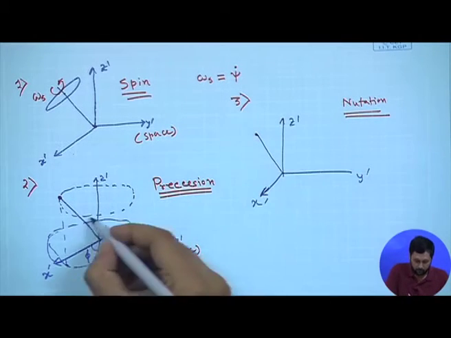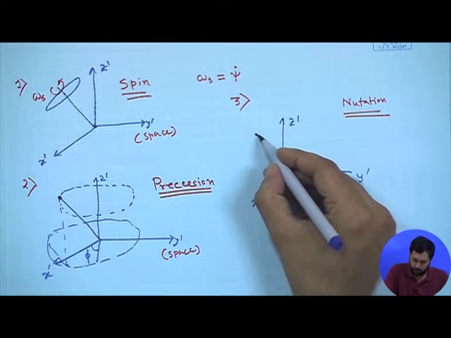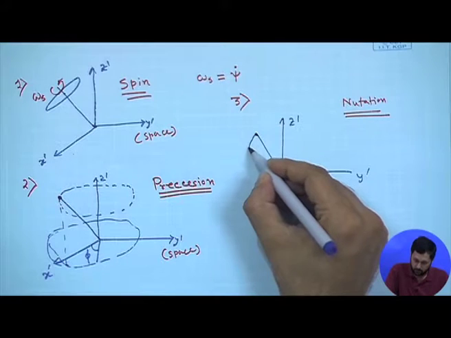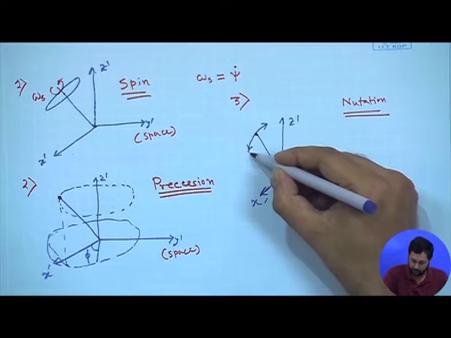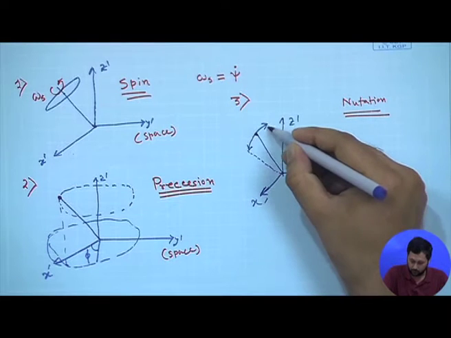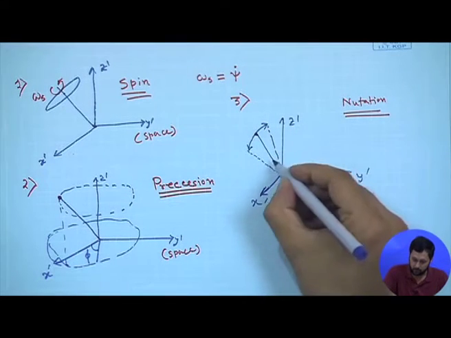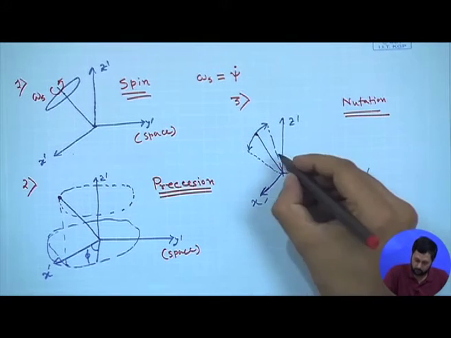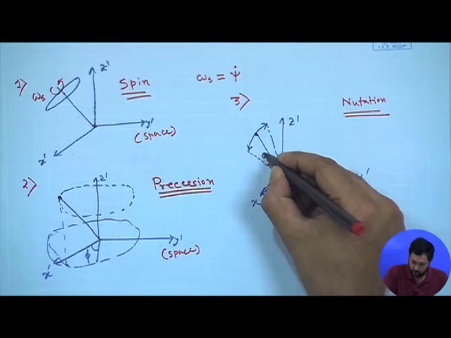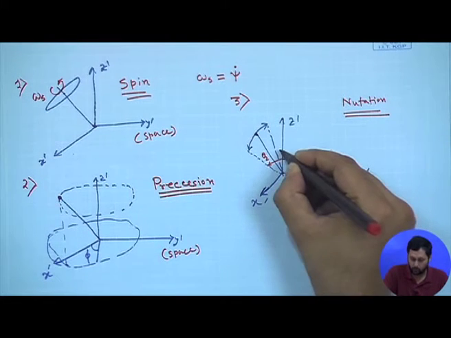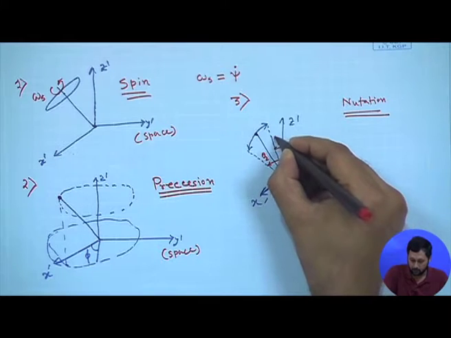So, what happens is this top with time falls or goes up. Essentially, it can come down to this position, make an angle theta 2, or it can go up to make an angle theta 1.